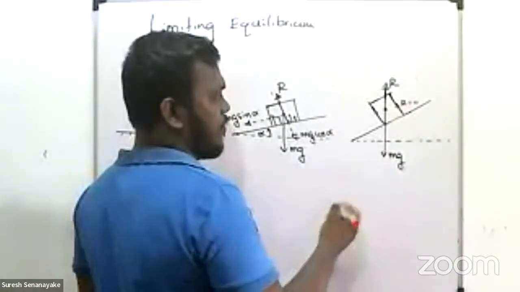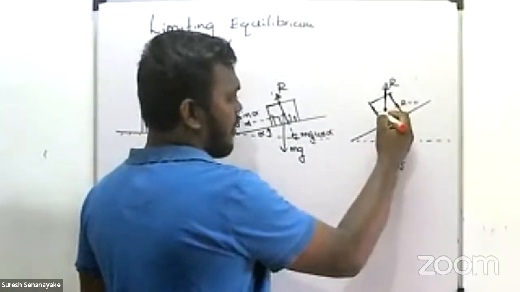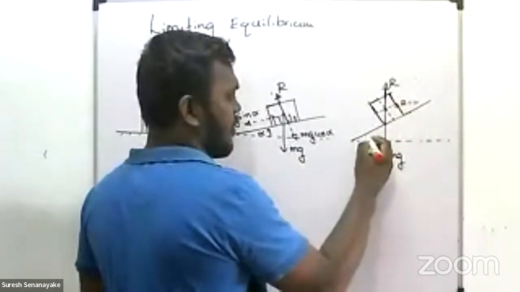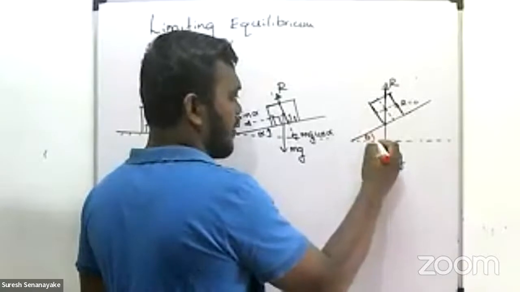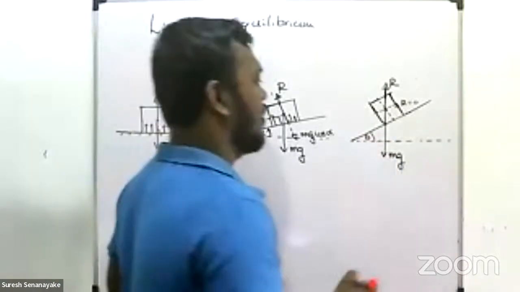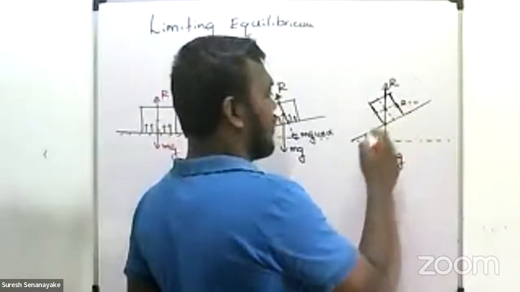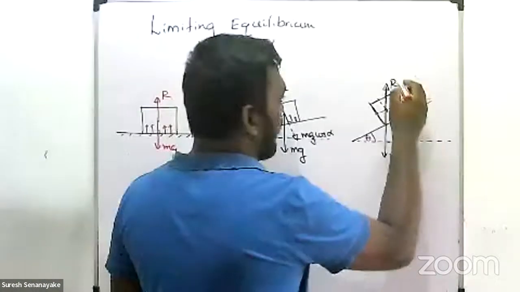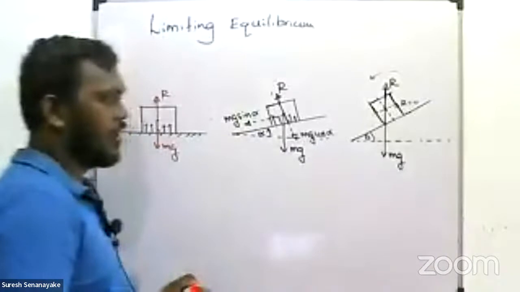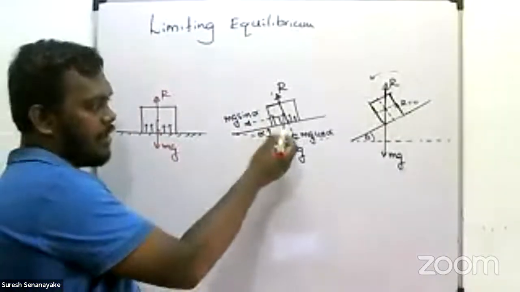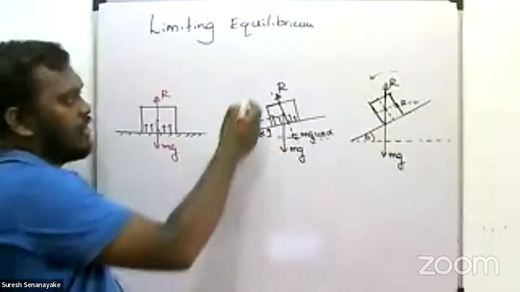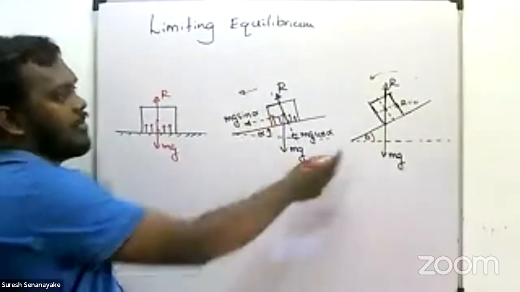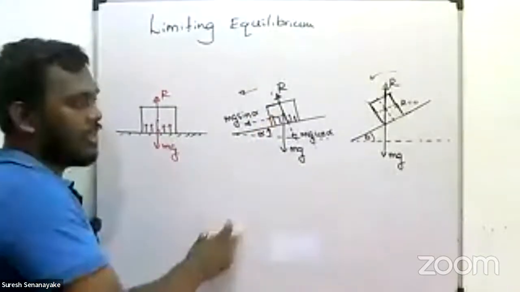Now, that is the limiting case in this mode. Here, this is theta. After this point, it can roll. So this is the maximum angle at which the body will not slide. Up to theta it will be sliding, and beyond it, rolling.